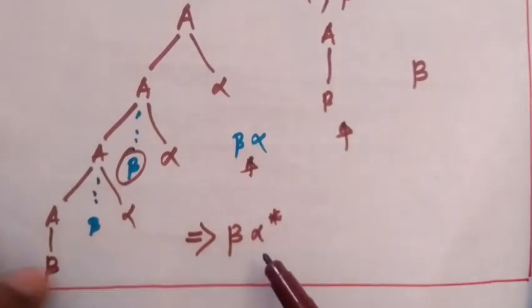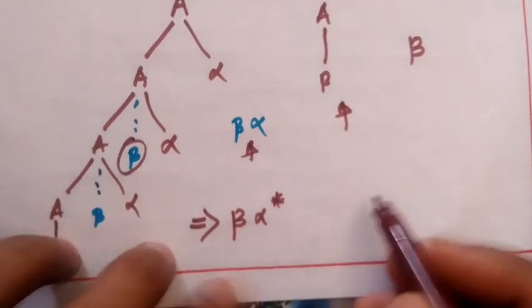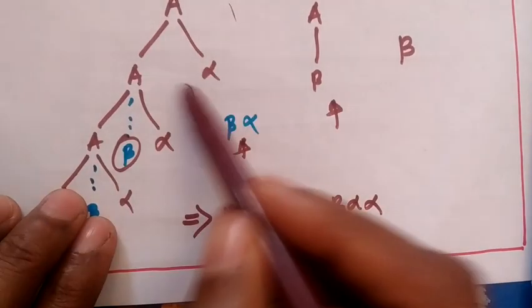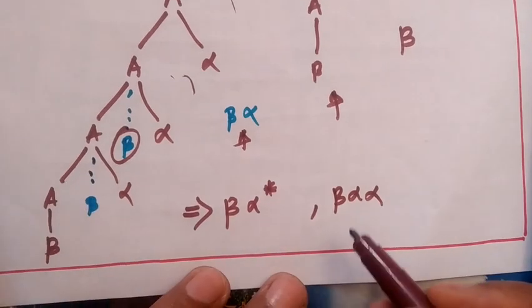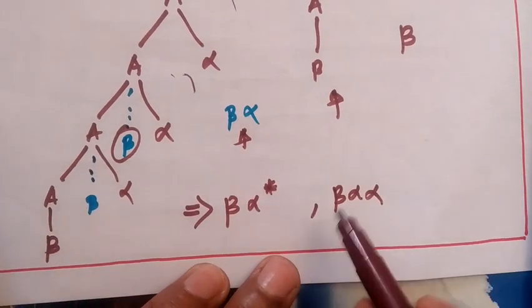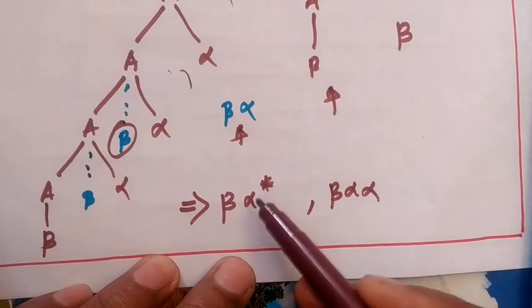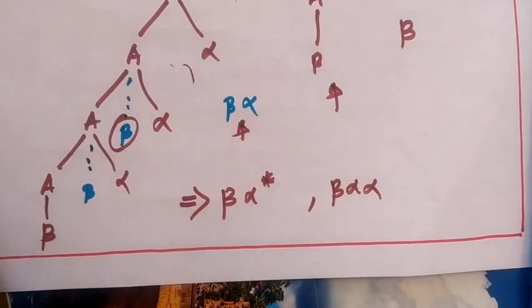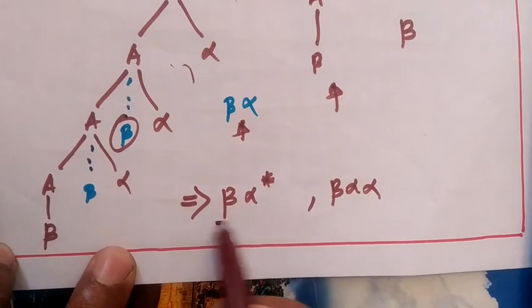And if it derives 2 alphas, like beta alpha alpha, we can derive it from this parse tree itself. If it takes 3 alphas, etc. That means alpha star indicates that you can use n number of alpha. So at least one beta will definitely come.